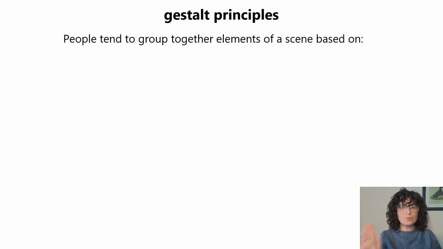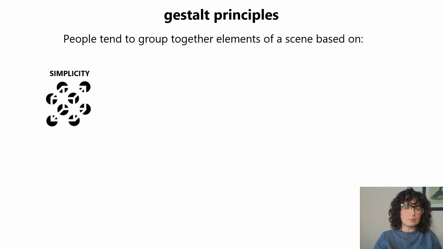So there's a variety of Gestalt principles that help to organize scenes perceptually. We're going to look at a subset of them, and I actually really love the Gestalt principles because I think they're rather intuitive, but I'm going to go through them very quickly, and I'm going to set you up for an exercise that asks you to apply these principles.